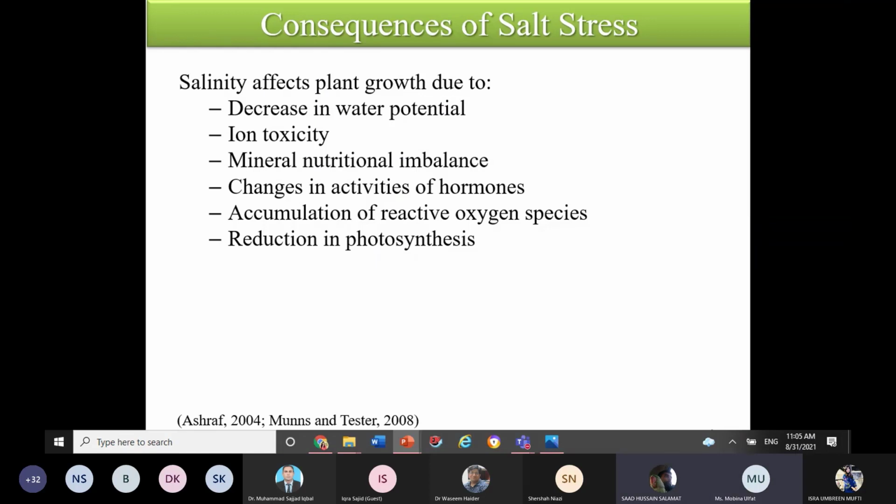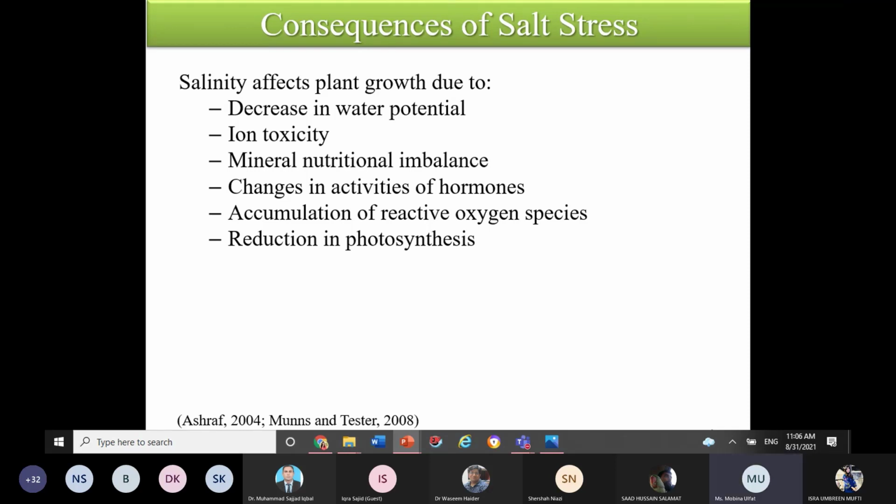We have discussed that salt stress has consequences on the growth of plants because, if you know the physiology behind it, plants take up water from the rooting medium, and water has to move from a higher concentration of water to a lower concentration of water, that is, from a lower concentration of salts to a higher concentration of salts. Because the plant sap has a higher concentration of salts, water is taken up by the roots.